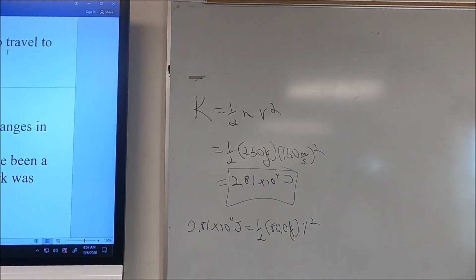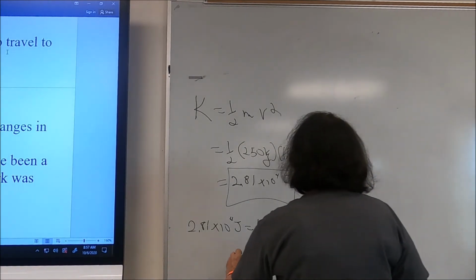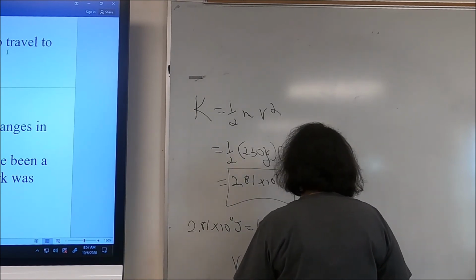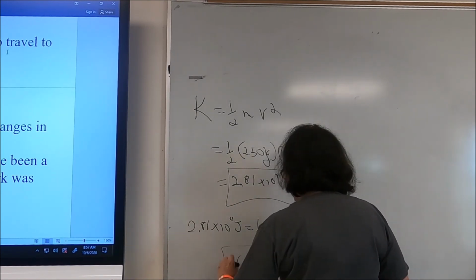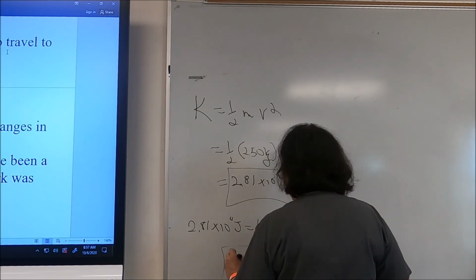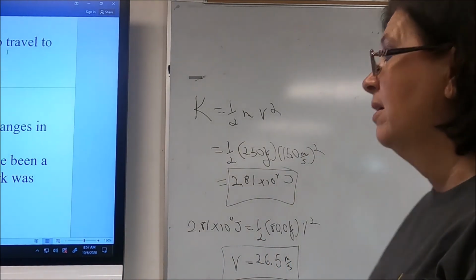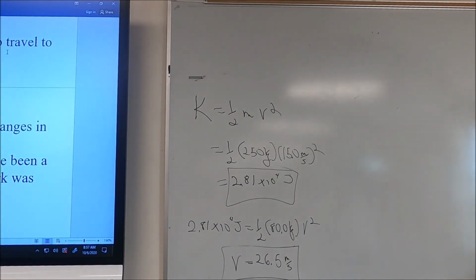So I multiply through by 2, divide by 80, and then take the square root. The velocity here would be 26.5 meters per second. And that's the speed. Notice it's not got the arrow over the top of it. So the person, to have the same kinetic energy, the person on the bike would have to move faster.